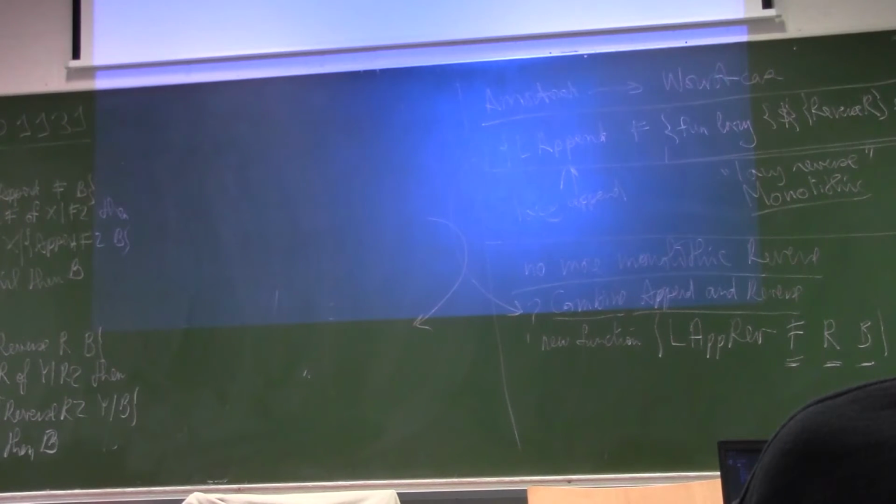And this is a standard append: you can see I'm appending F and B. Case F of X bar of 2X bar append F2 B. This is just append. And this is the inner loop of the reverse. The way the reverse works is that I take an element off of R and move it into B. I do a recursive call Y bar B, and when R becomes nil, the result is B. So B is accumulating the result.